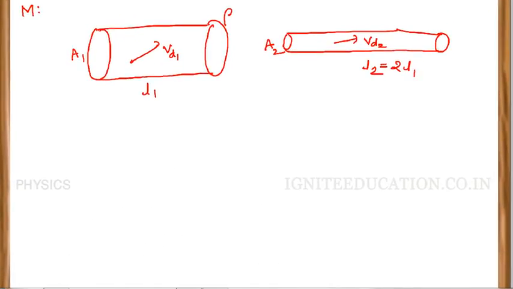Now I am moving to investigation. L2 is equal to 2L1, we already know this, and V, that is potential difference, is constant. Now I am going to resolve the things.